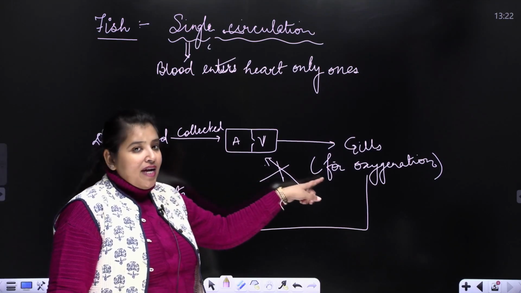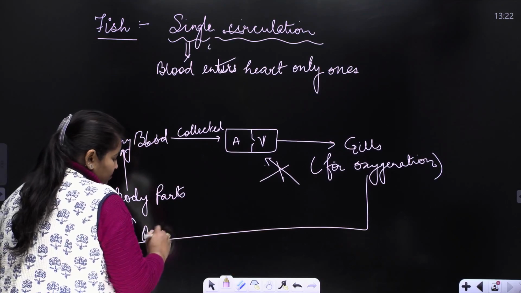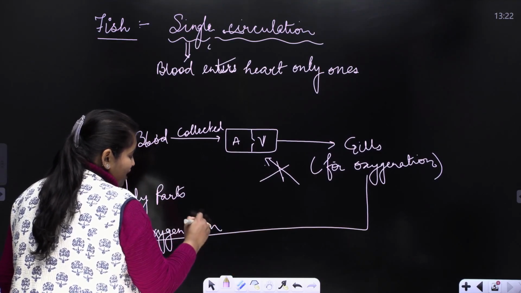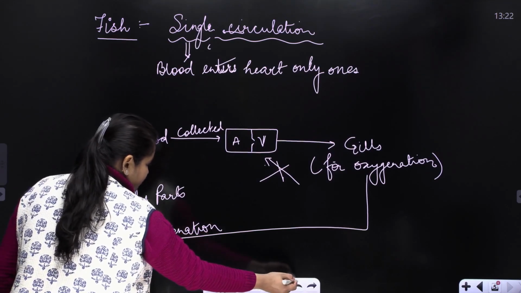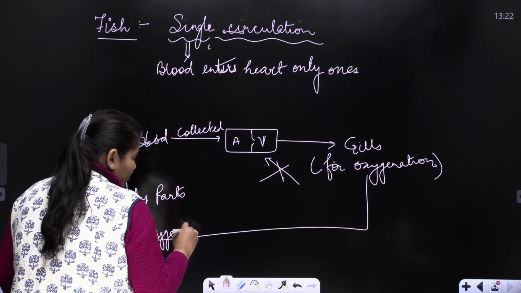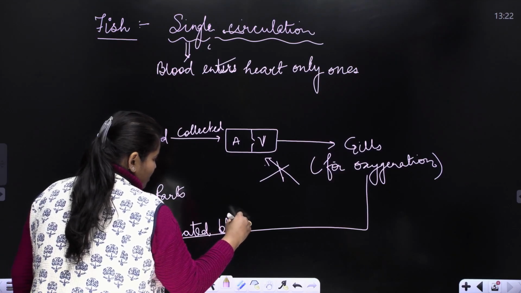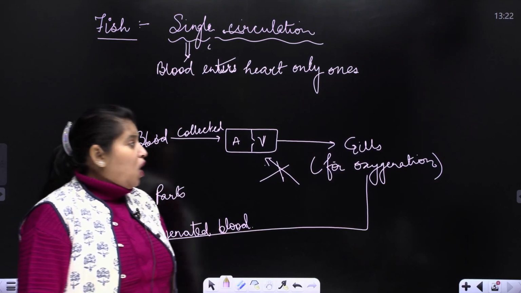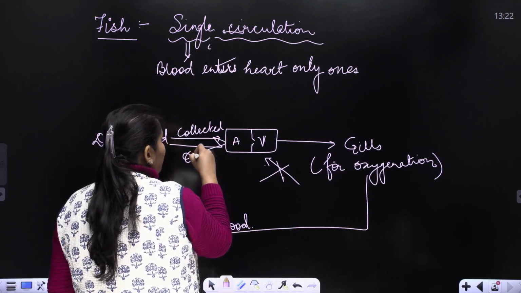From here, it is sent directly to the body parts. This is why we say it is single circulation. Because how many times is the blood entering the heart? Only one time.